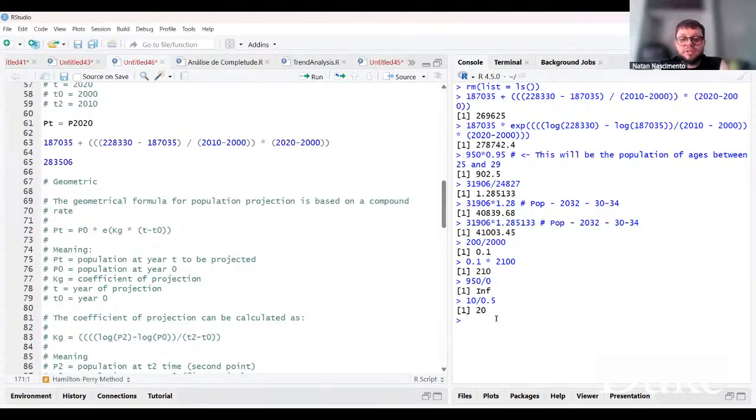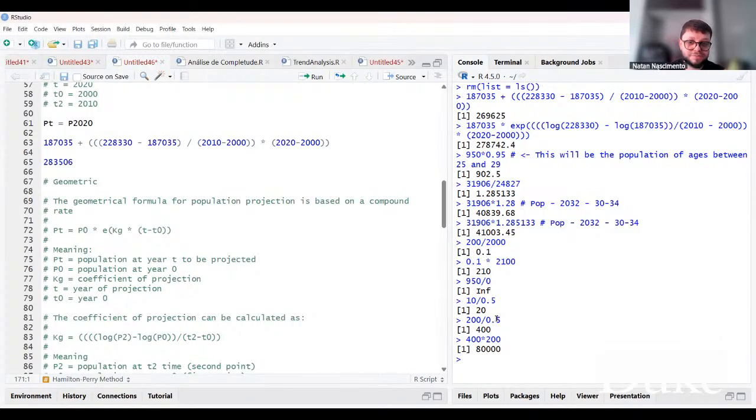So in this case, 0.5. Why that? Because this is 10, so it's very small. But if I'm doing 200, I can stick with 0.5. What happens is that when I multiply, it will give me a very, very large population.